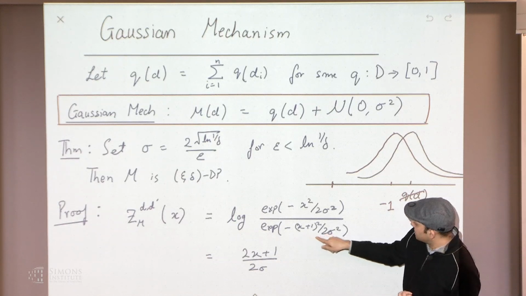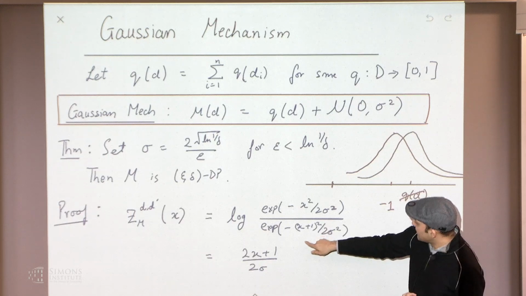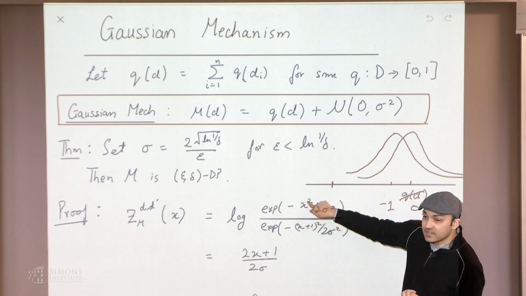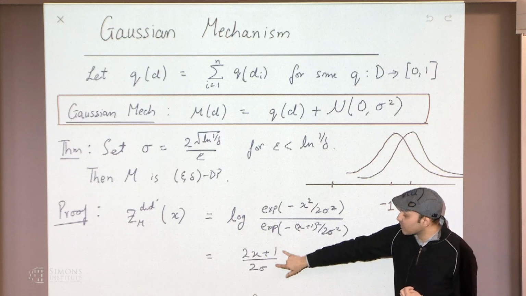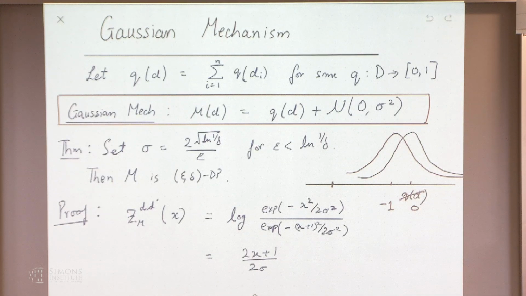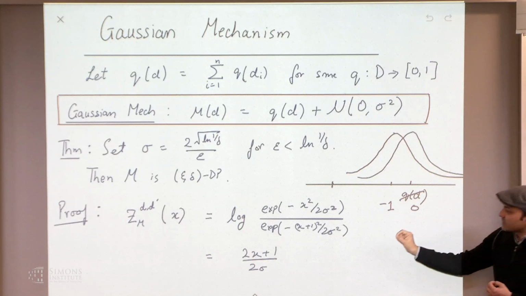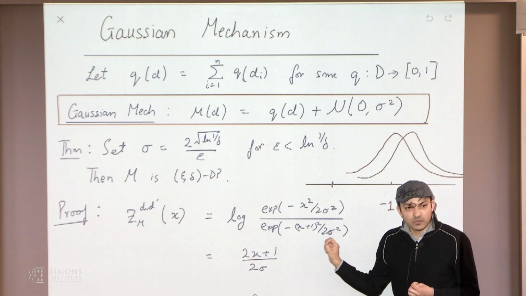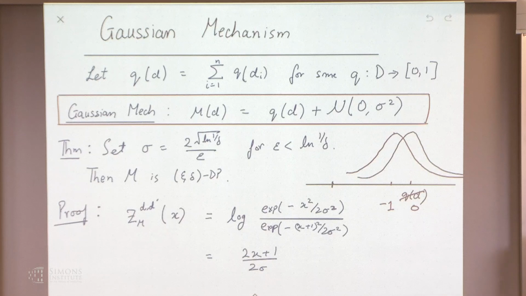Simple algebra: this is just (x plus 1) squared minus x squared, over 2 sigma squared, which is (2x plus 1) over 2 sigma squared. So we've computed the privacy loss function for this mechanism.